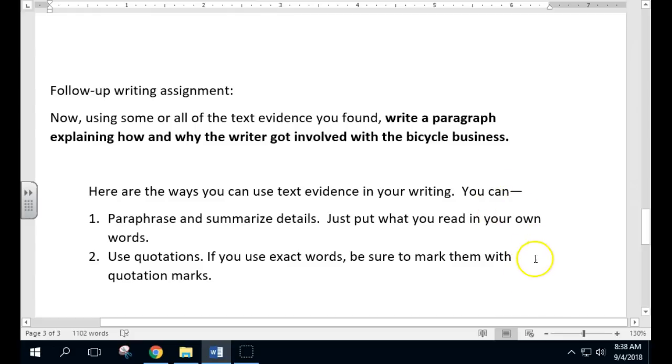And then there are instructions here that say to use the text evidence. You can paraphrase, which just means put it in your own words, or you can use quotations. We have to be sure that if we use quotations, we mark those with quotation marks.